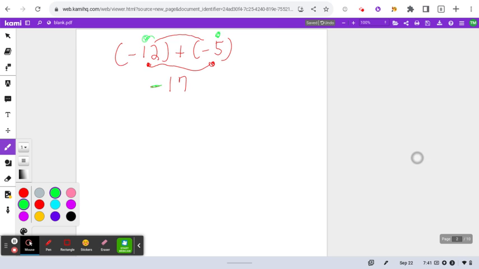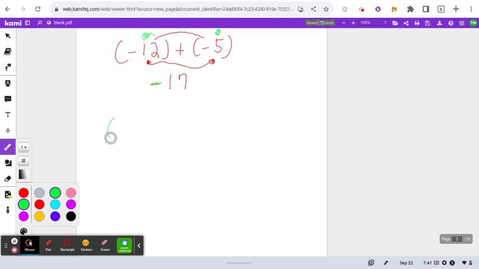I'll do another one similar to that, but this time subtracting two negatives. So if we had a negative 12 minus the negative 5. So in this one here, you would still have the negative 12, and then you'd be this time adding 5 because you'd be getting rid of 5 negatives. You'd be subtracting 5 negatives.